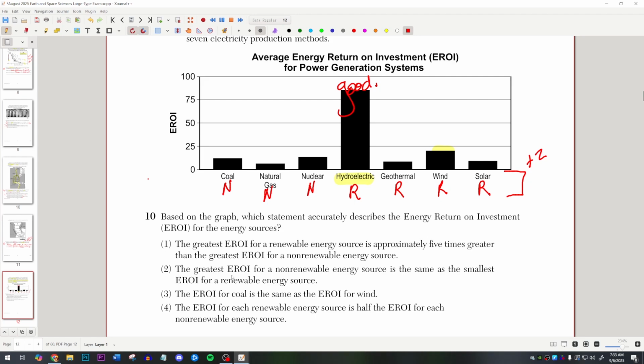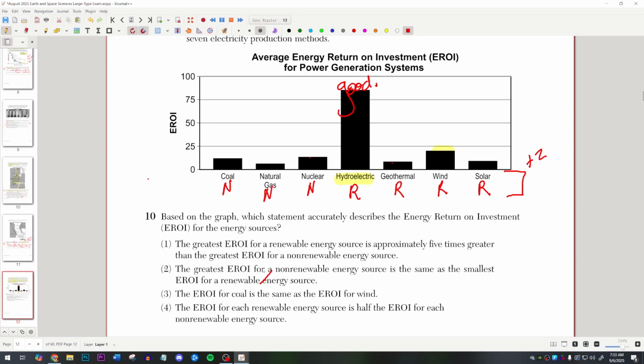So let's see. The greatest one for a non-renewable is the same as the smallest one for renewable. Oh my gosh, this is so annoying. The greatest one for non-renewable would be nuclear, is the same as the smallest one for renewable, which would be geothermal.